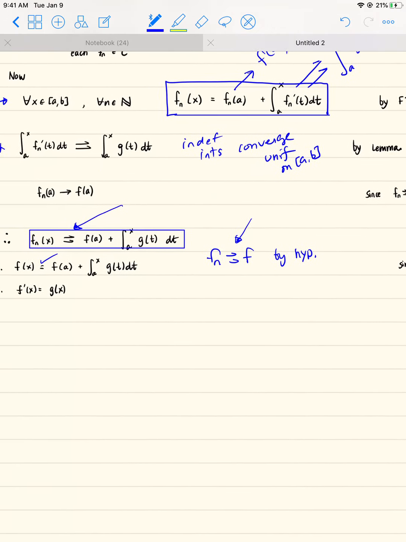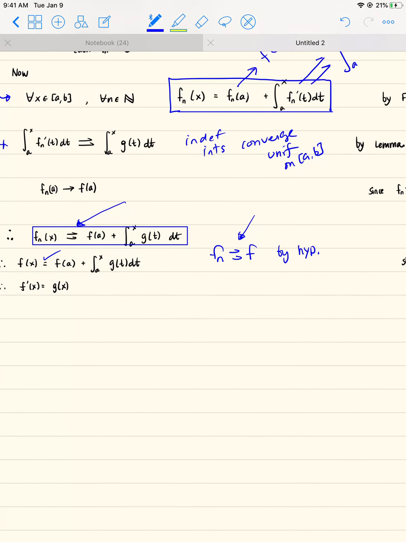Now, by the fundamental theorem of calculus, it has to be that this g right here, g of x, is f prime of x. And this is by the fundamental theorem of calculus.